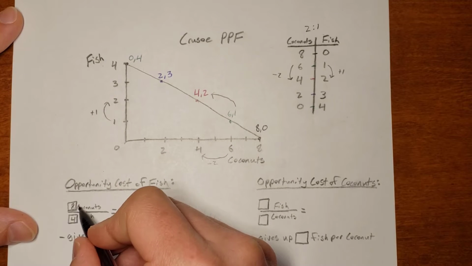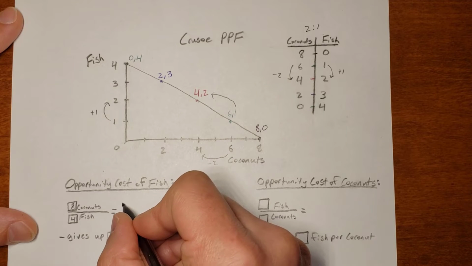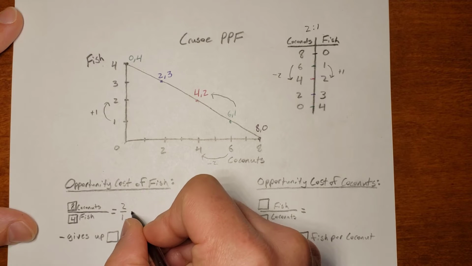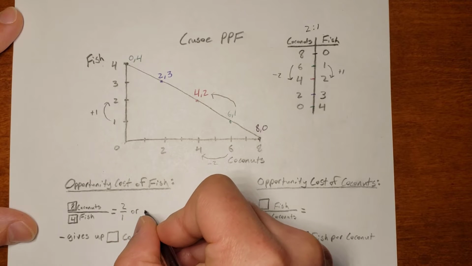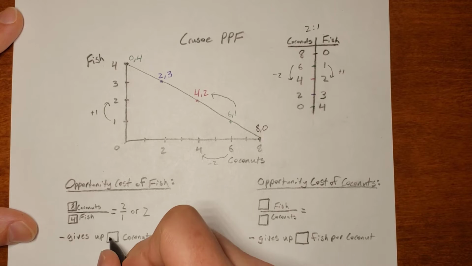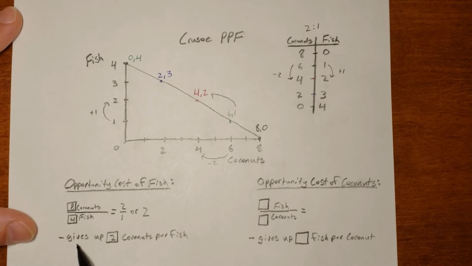So 8 divided by 4 gives you 2 over 1, or stated another way, 2. Okay, well, what does that mean? That means that every time that Caruso produces 1 fish, he has to give up 2 coconuts. So the opportunity cost of catching 1 fish is always going to be 2 coconuts.